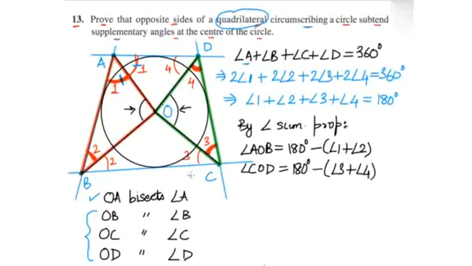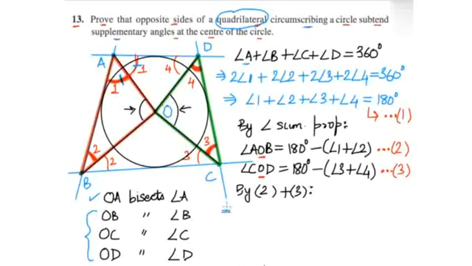So 180 degrees minus (angle 3 plus angle 4). Now our proof requires us to show that angle AOB plus angle COD is 180 degrees. So now let's add these two equations. Let's label the various equations we have obtained so far. The first equation, which is the sum of the four angles, let's call equation 1, and let's call this equation 2, and this one equation 3. Now let's add 2 and 3. By adding these two equations, we get angle AOB plus angle COD on the left side.